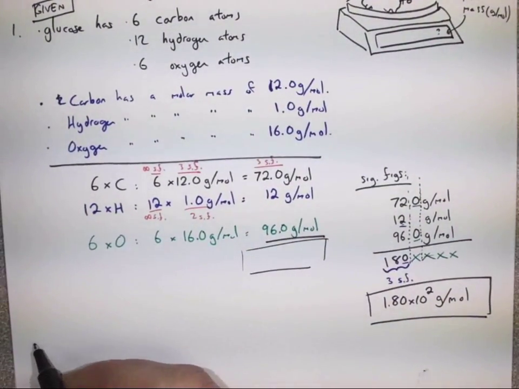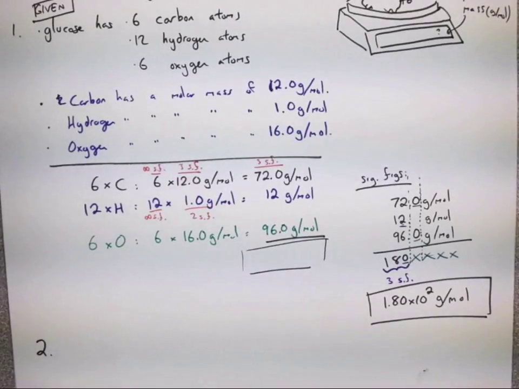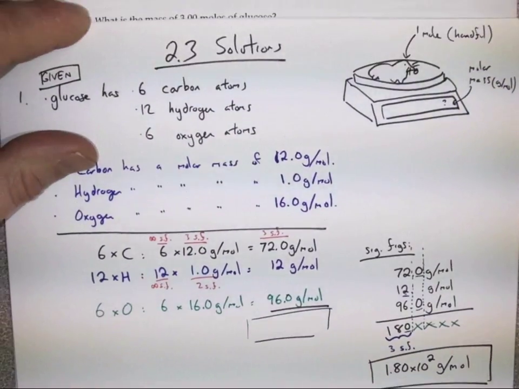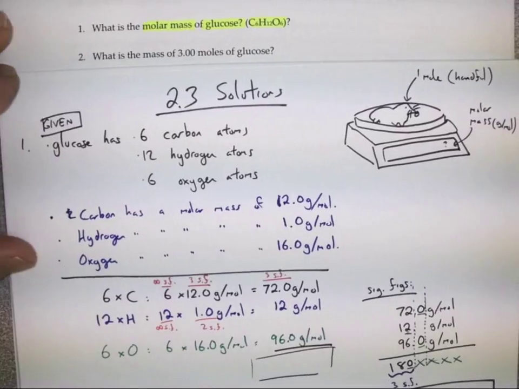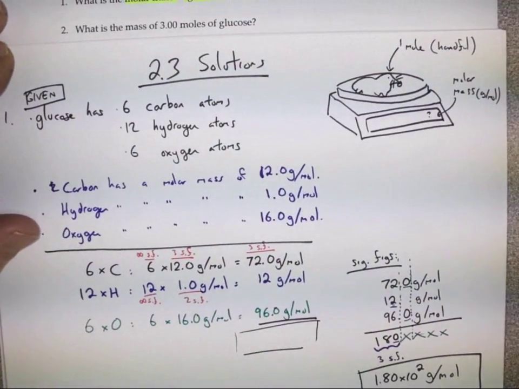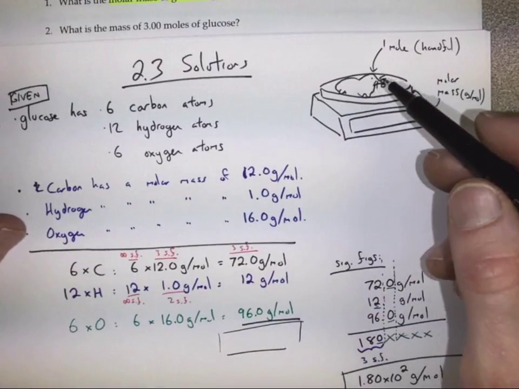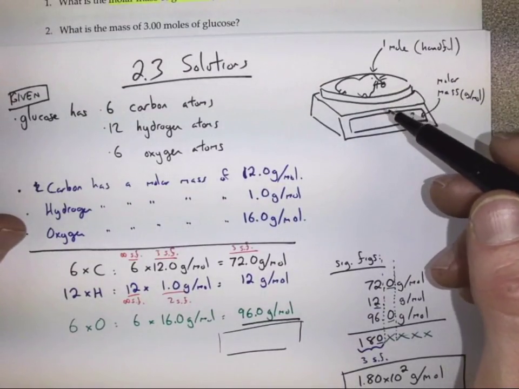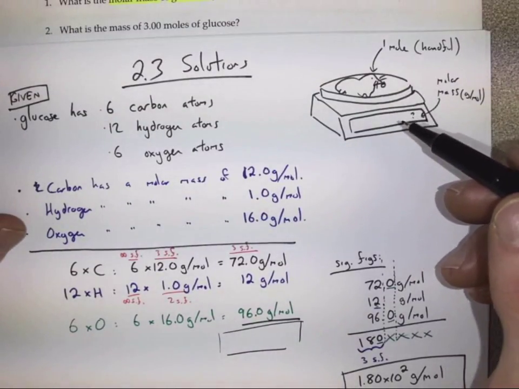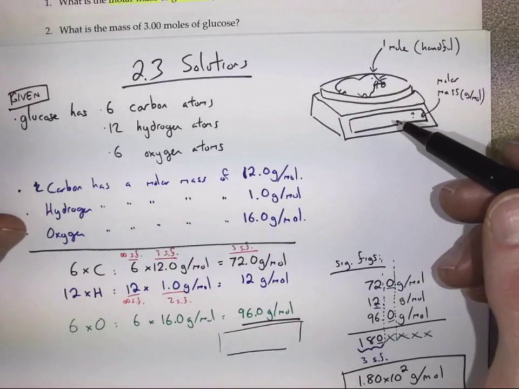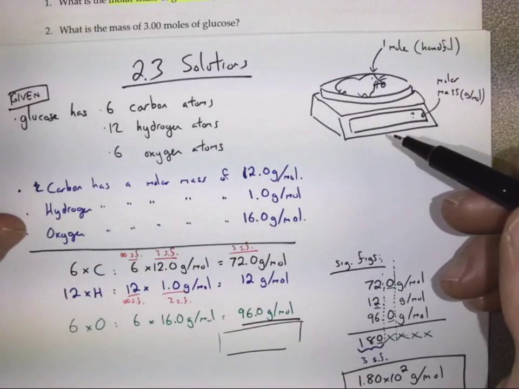All right, moving on. Question 2 is a little bit more your bread and butter sort of molar mass question. What is the mass of 3 moles of glucose? So if you've got 3 moles on a scale, 3 handfuls of glucose, how much does it weigh? That's what this question asks.